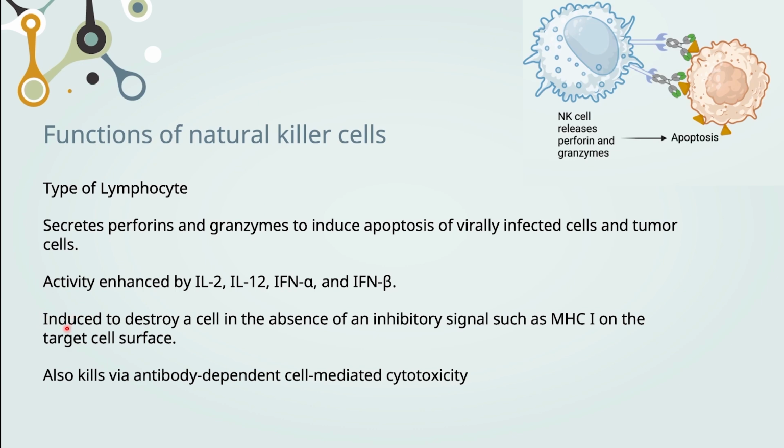So the tumor cells, they lack MHC1, all right? And MHC1 is an inhibitory signal. If this inhibitory signal is absent, then it tells natural killer cells that this cell is some kind of abnormal cell and it needs to be destroyed, all right? Super high yield, that's why I repeated it multiple times. I want you to really remember this function of natural killer cells.